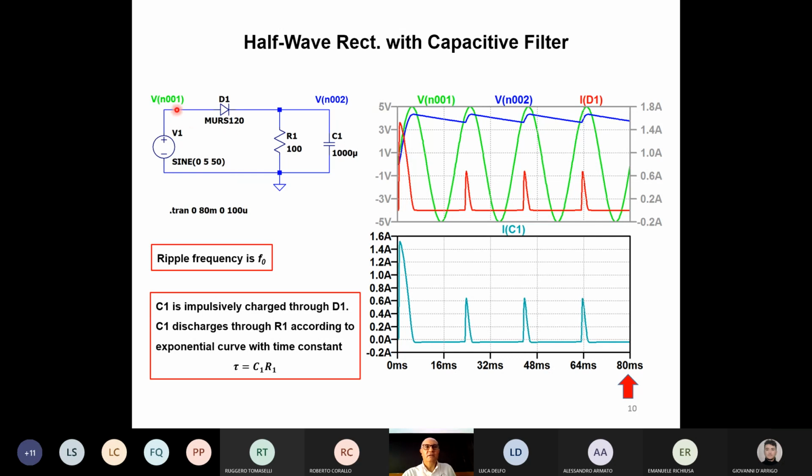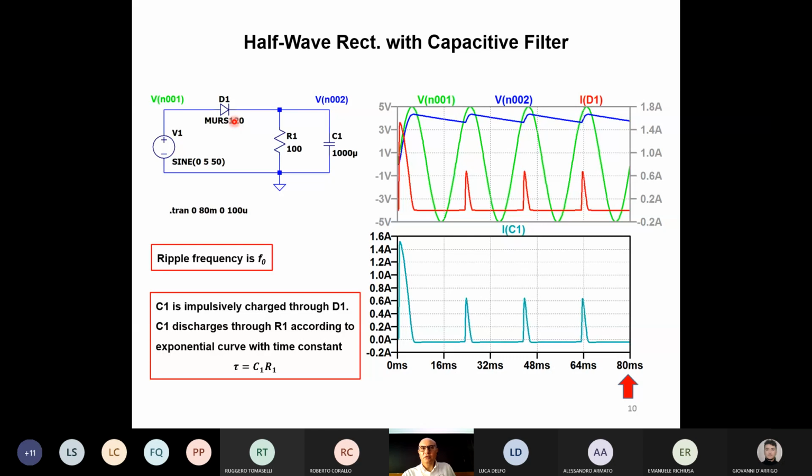I neglected the filament resistance. I put the diode D1, the resistance R1 and the capacitance C1. And I plotted what? Green is the voltage here. Blue is the voltage at the output. R1 and C1 are in parallel, so we just need one voltage. And here I plotted in red the current through diode 1.